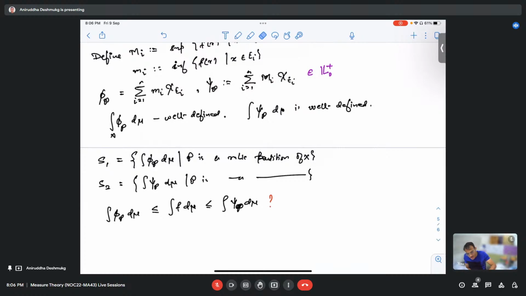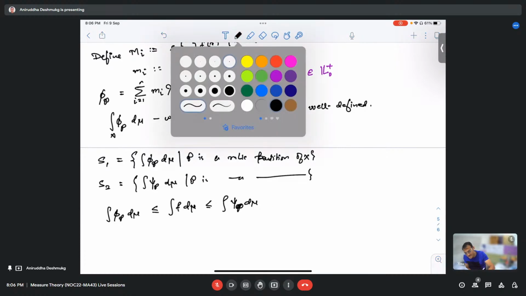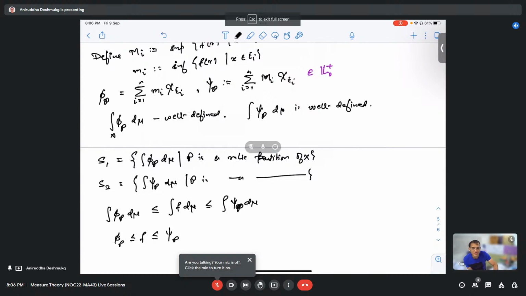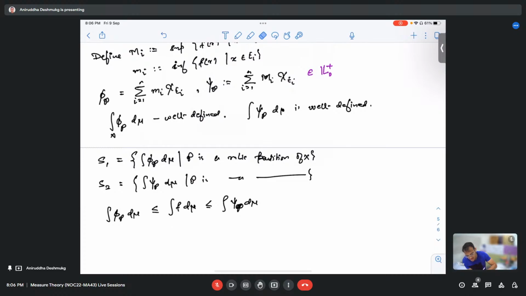See, phi_P is always less than or equal to f, and f is less than or equal to psi_P, isn't that the case? So their integrals must satisfy this inequality because the integral is a monotone operation.